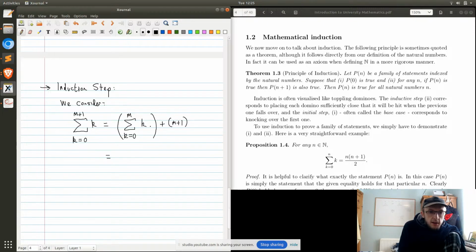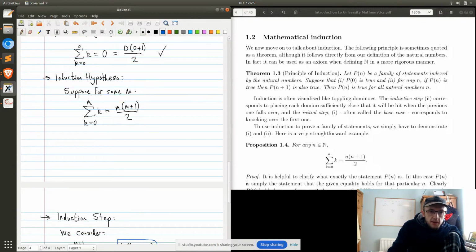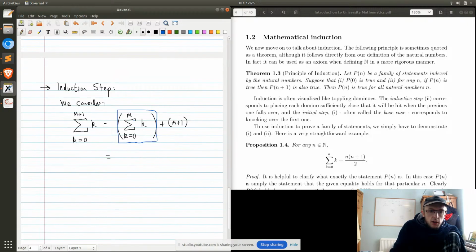And then this part here, well, in the induction hypothesis, we already presuppose that it's m times m plus 1 over 2.